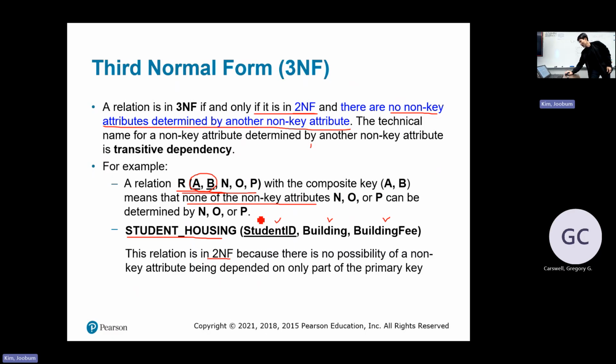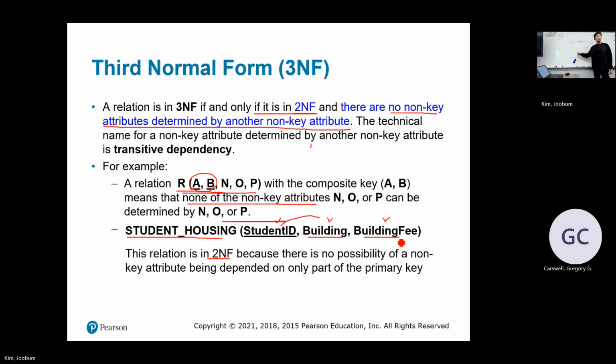Okay. So student ID determines building, and then building fee, right? And how about building and building fee? There is some relationship. What kind of relationship? If you know which building, we know the fee. What is building?